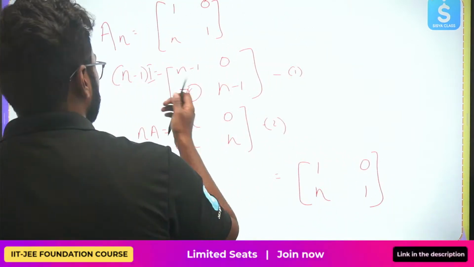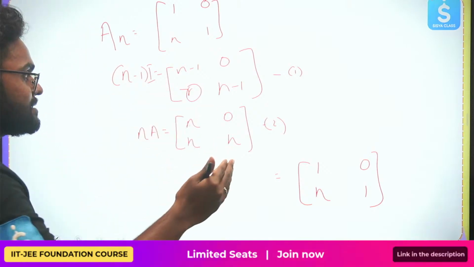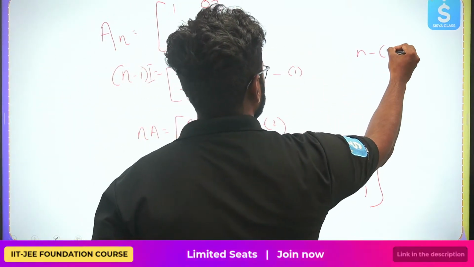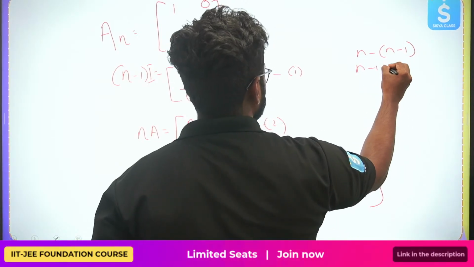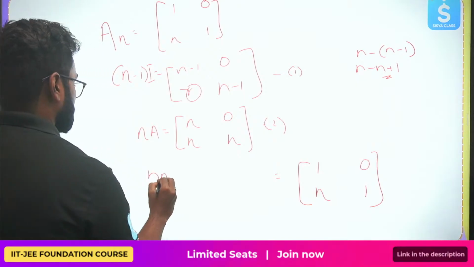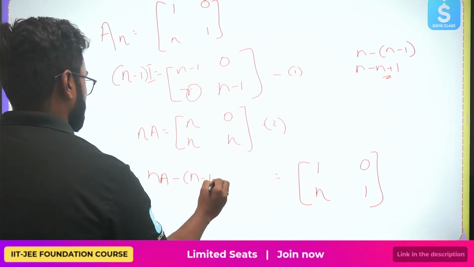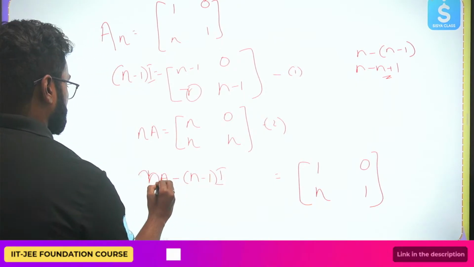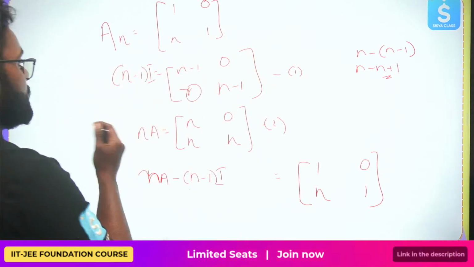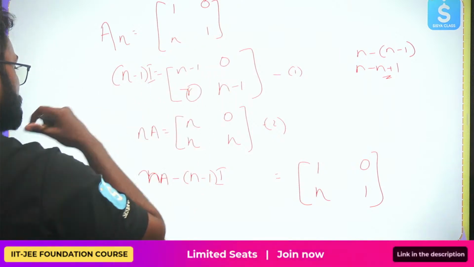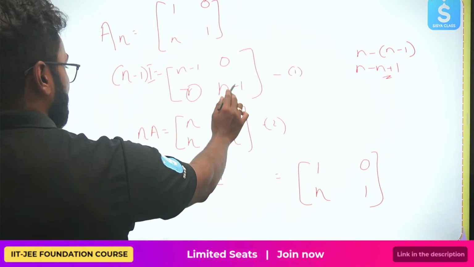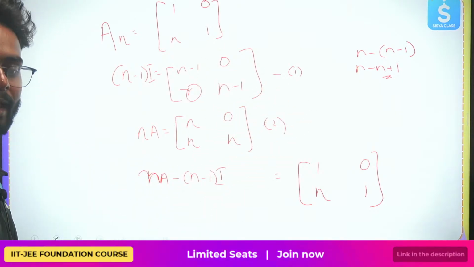Subtracting n minus 1 from n, this will be n minus n minus 1, positive 1, so this will be cancelled, right? So nA minus n minus 1 I is equal to 1. For this it will be 0 minus 0, it won't change. Second thing, n minus 0 will be n. And finally this will also be n minus n minus 1, that is plus 1.